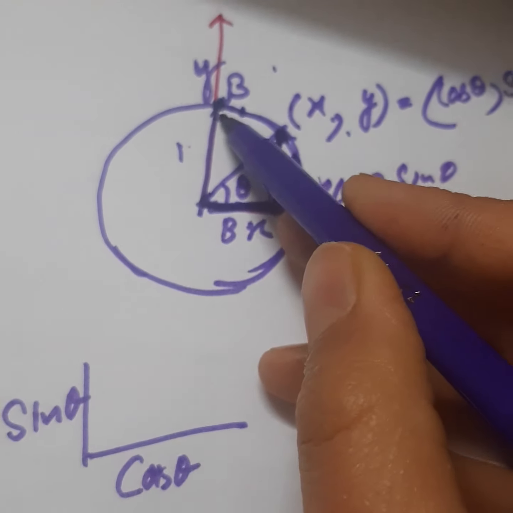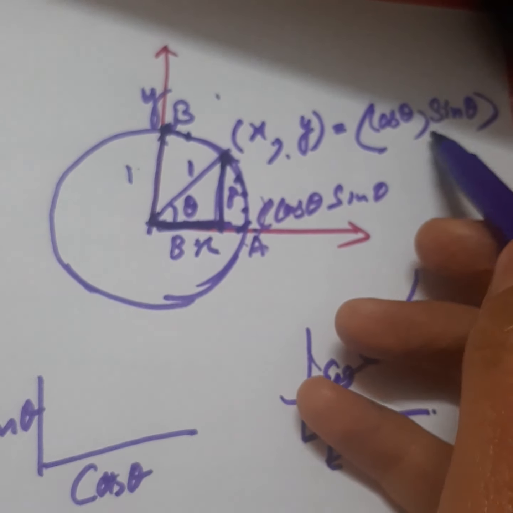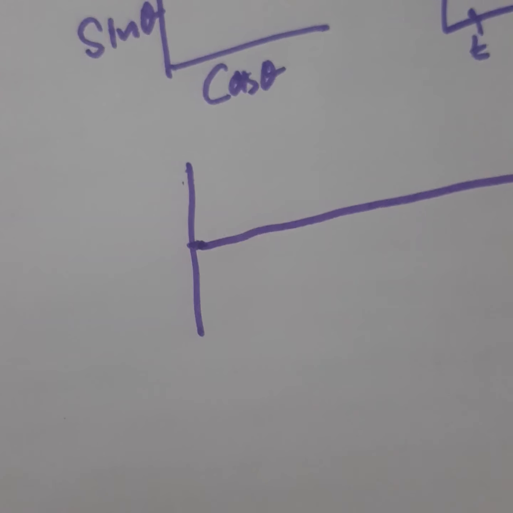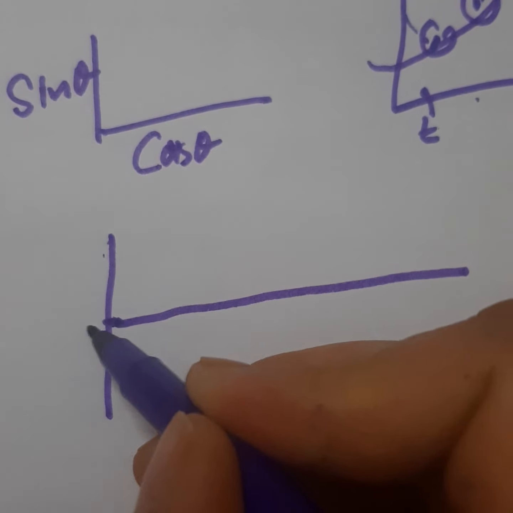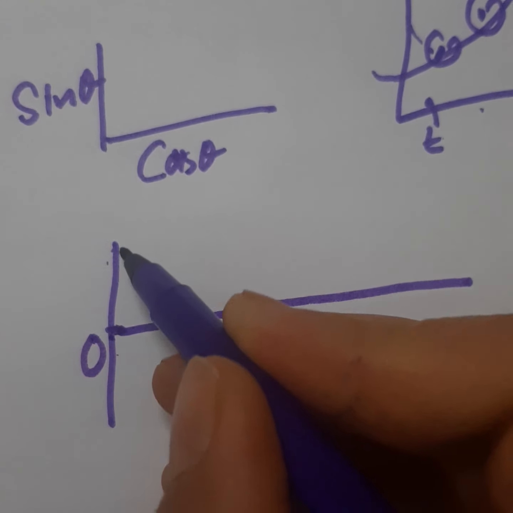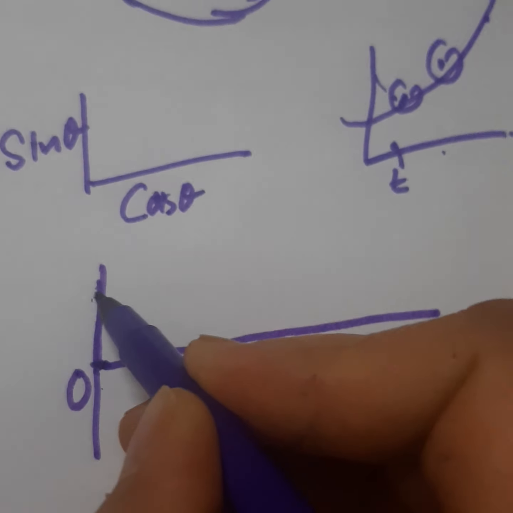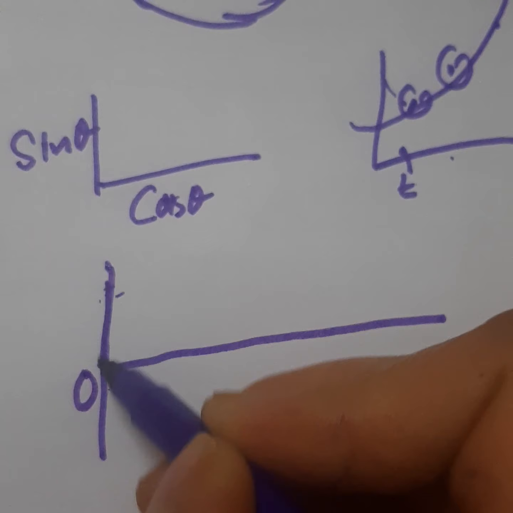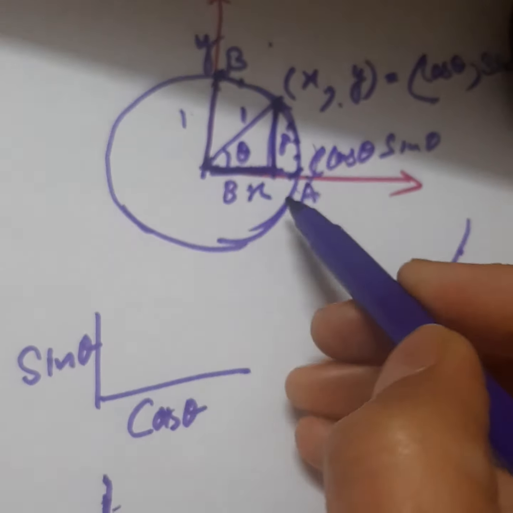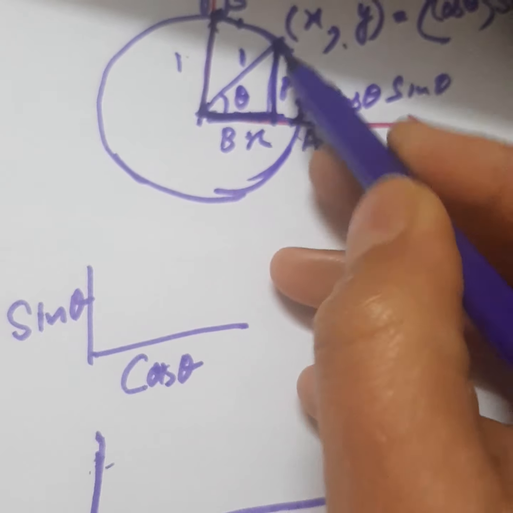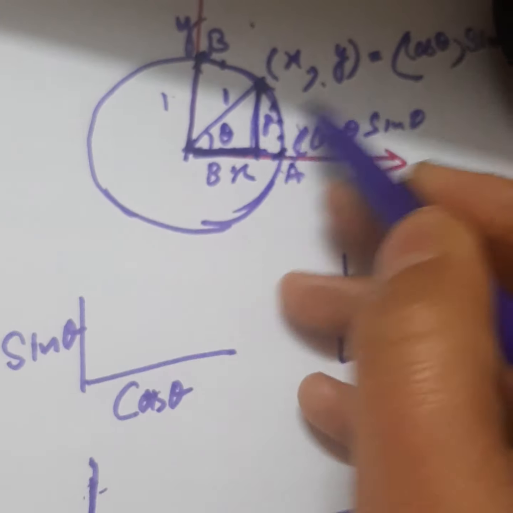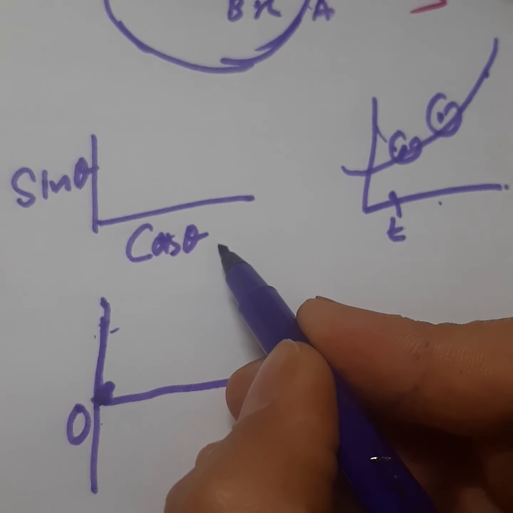So this is the collection of all points cos theta and sine theta. But when you are making a wave, what are you doing? When theta is 0, then the height of the point is 0. You're using height only, P only, means sine theta.